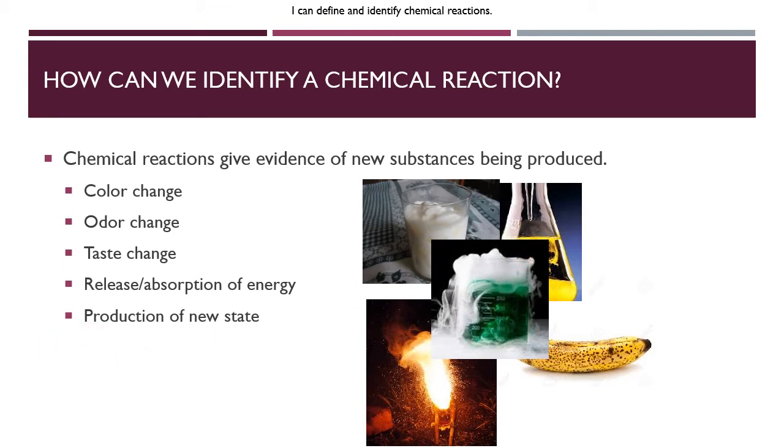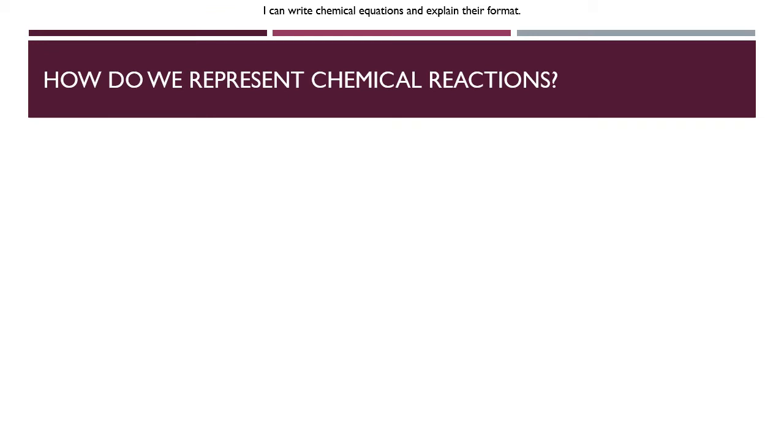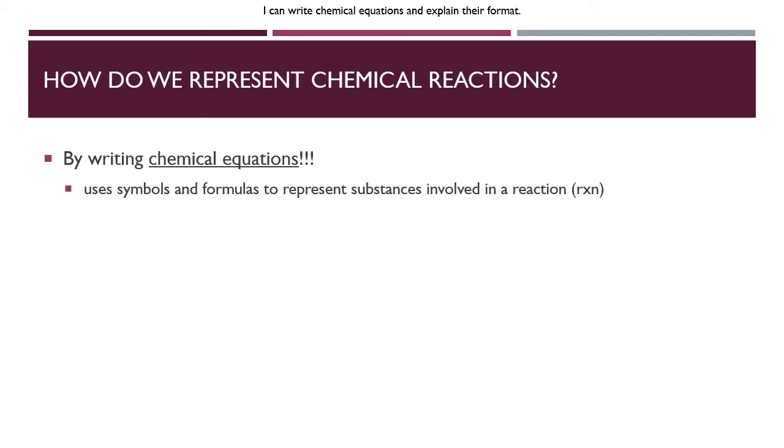So how do we represent these chemical changes or chemical reactions? Well, we represent them by writing chemical equations. So what a chemical equation is, it uses symbols and formulas to represent substances that are involved in a reaction. You will see me use this notation, RXN, quite often as shorthand for reaction, just so you guys know.